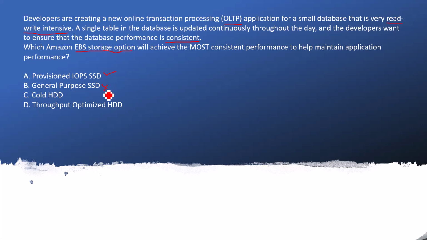But in this question, the one thing you are required to remember is what the different kinds of storage options are and what their use is. You cannot follow the direct strategy of finding the wrong answer if you do not know anything about all the kinds of EBS storage provided by AWS.